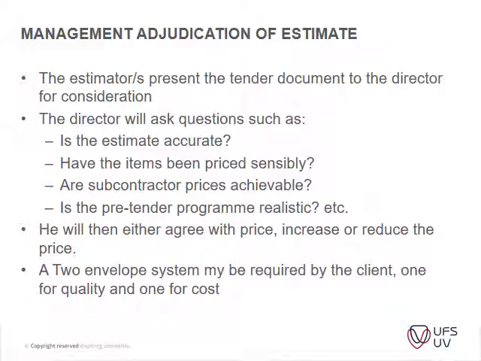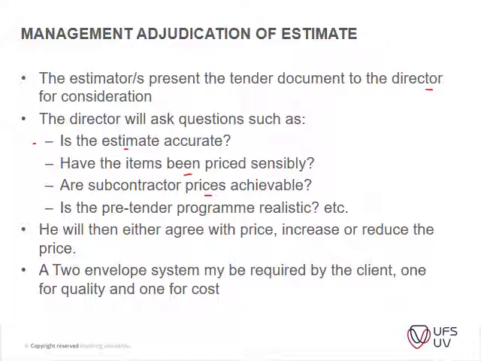Management and adjudication of your estimate. The estimator presents the tender documents to the contractor's director for his consideration. The director will ask the following questions: is the estimate accurate? Does it make sense, the cost that is given to him? Have the items been priced sensibly?